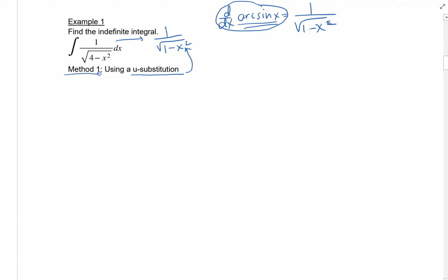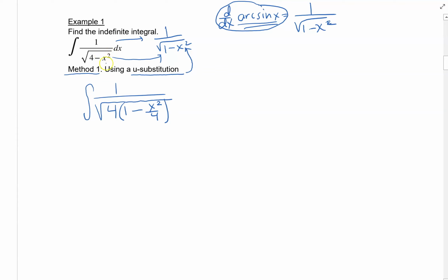So that's method 1. In method 1, I am going to first factor out the 4 under my radical sign. I'm keeping it in the radical just to show you, because I'm trying to make this look like that. I'm trying to make it look like 1 minus something squared. So to make the 4 turn into a 1, I just factor it out.